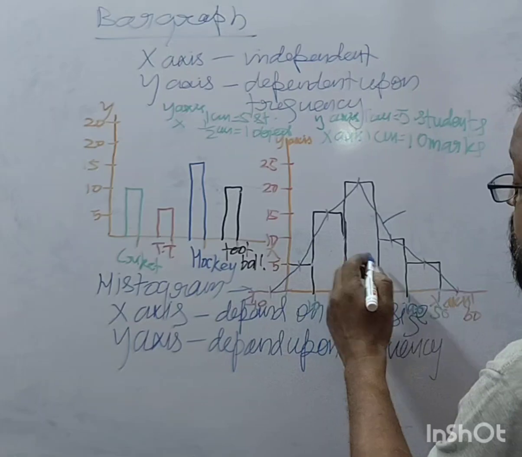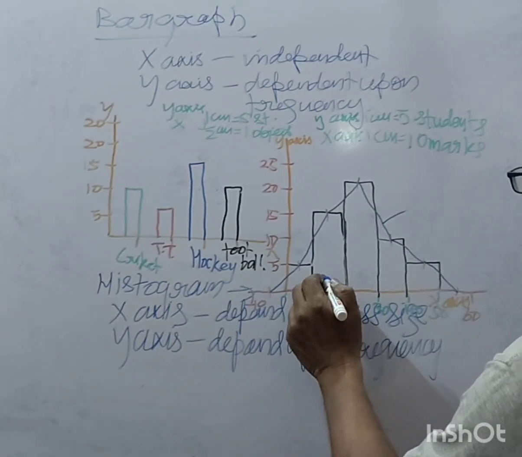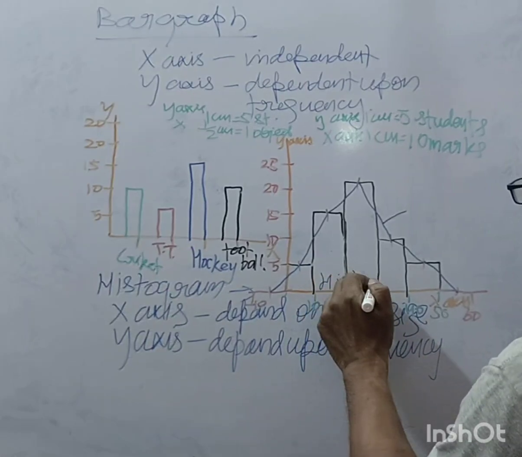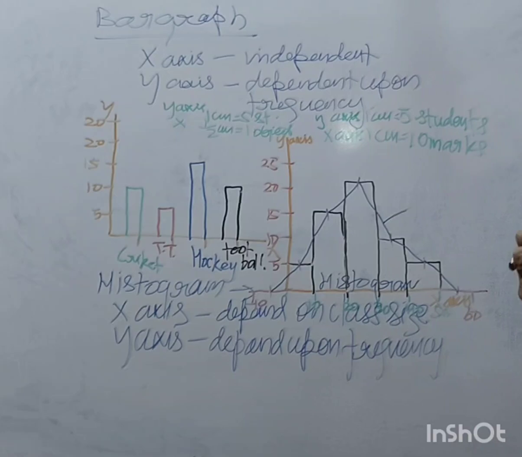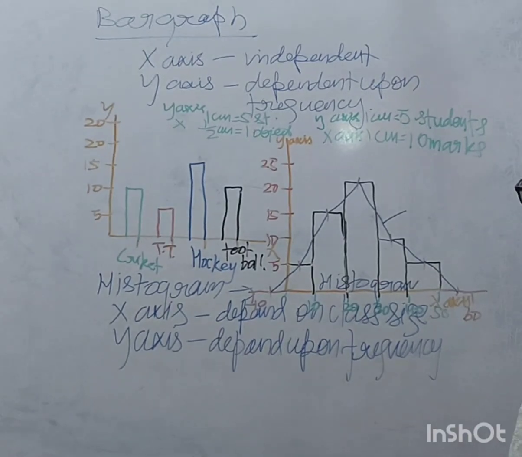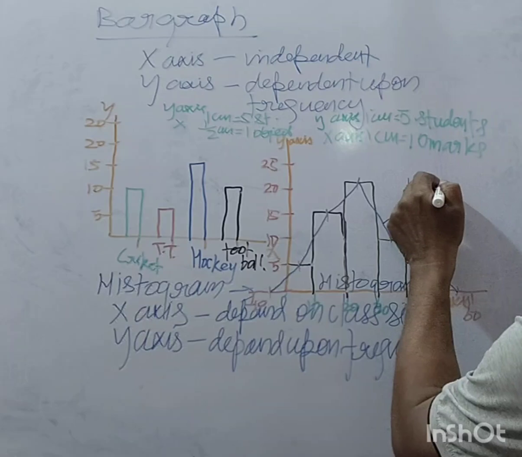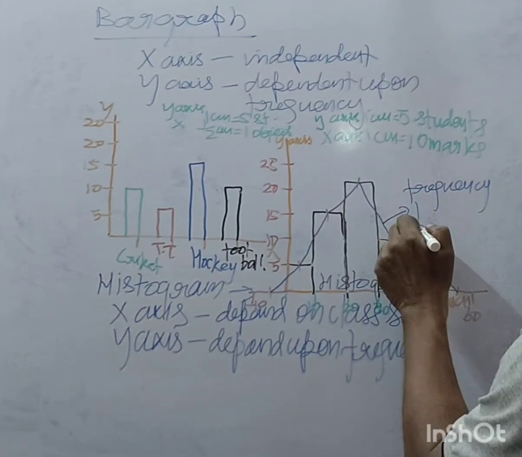The black one is called the histogram. Right? This is the histogram and this is the frequency polygon.